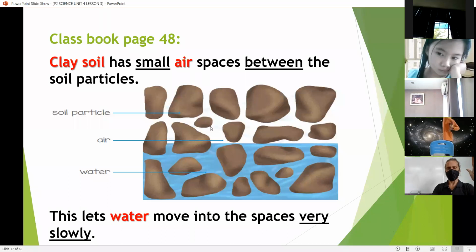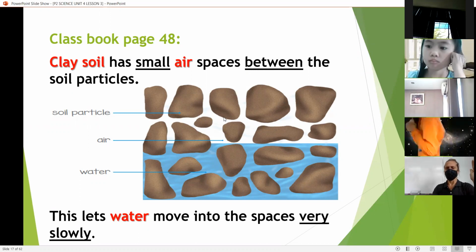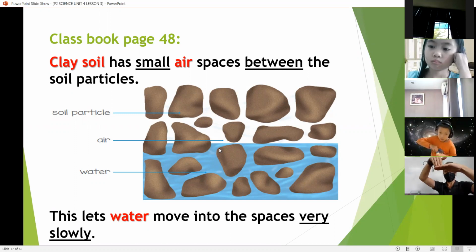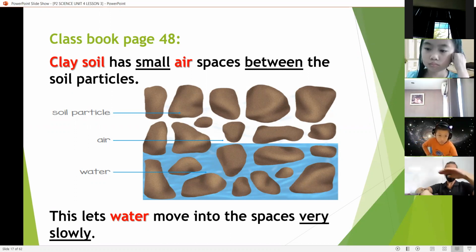So if the space is very small, the water will move through the clay soil very slowly.